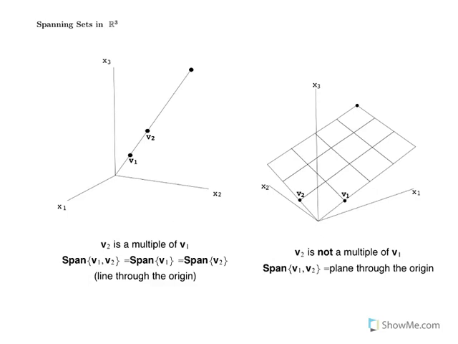No matter what kind of multiple I take of those, everything's just going to lie on that line, including the origin itself. If they're not multiples of each other, v2 is not a multiple of v1, then this span is going to be a plane through the origin like we saw in that previous example.